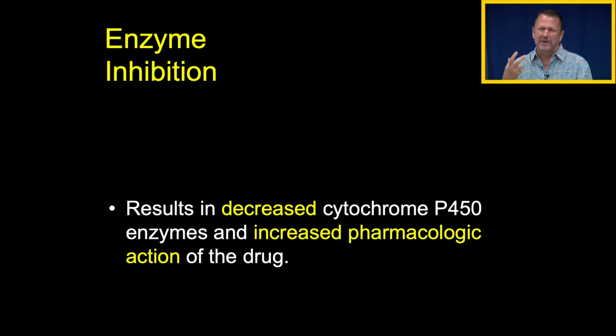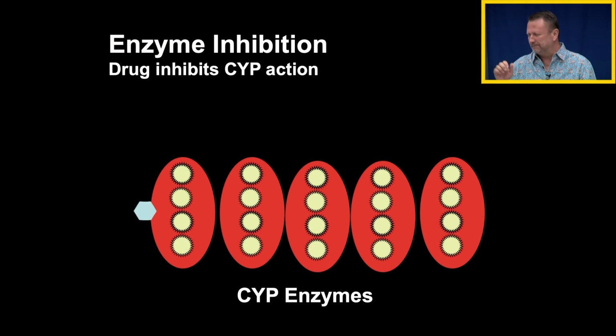And so if somebody's taking a medication and they're taking another medication that's an inhibitor at the same time, the other medication is just going to increase its effect, because it's not being metabolized, it's not being run through the garbage disposal because the garbage disposal is blocked.